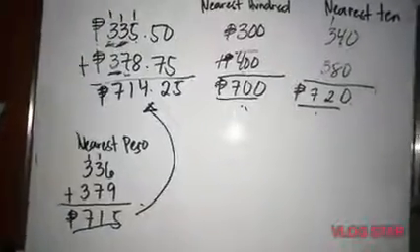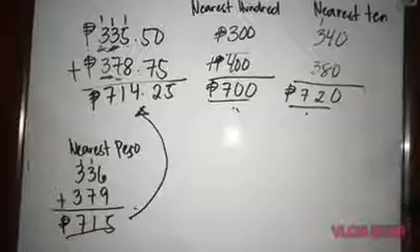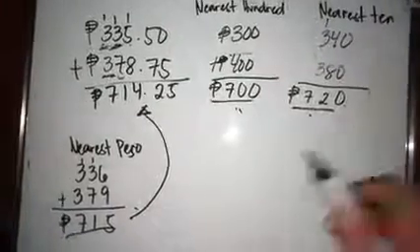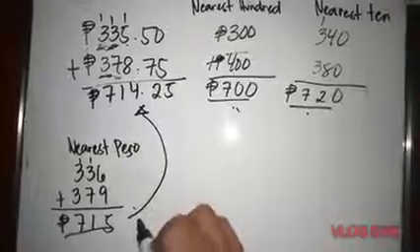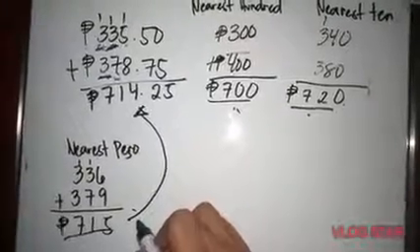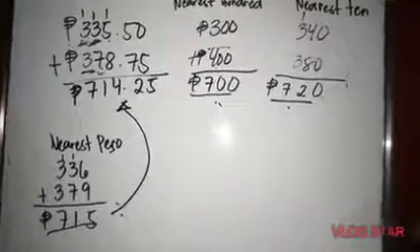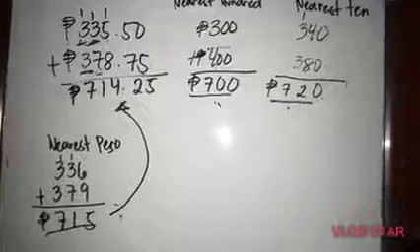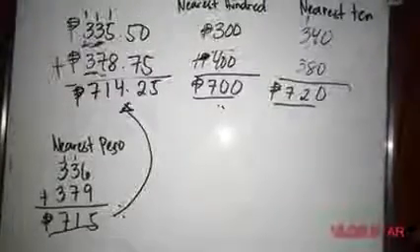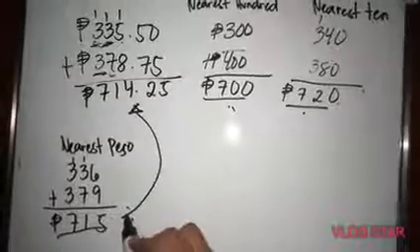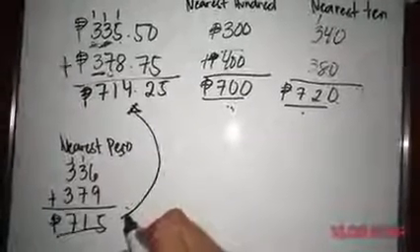So it is better to round the numbers to the lower place value so that the estimate sum would be closer to the actual sum. I will repeat. It is better to round the numbers to the lower place value to get an estimate sum closer to the actual sum.